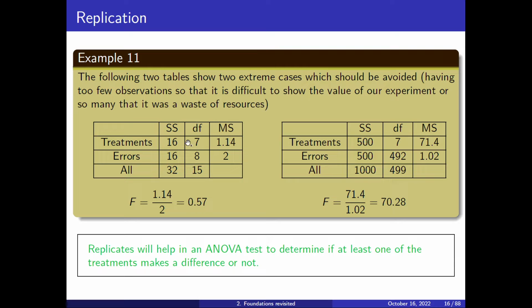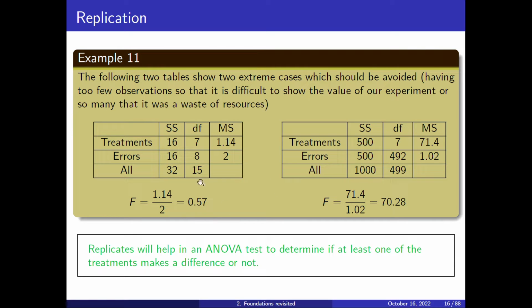And then if we compute the mean squares of each one of the factors, the mean squares of the treatment is 1 here, that is 16 divided by 7, and this is 2, that is 16 divided by 8, and we compute the same here.